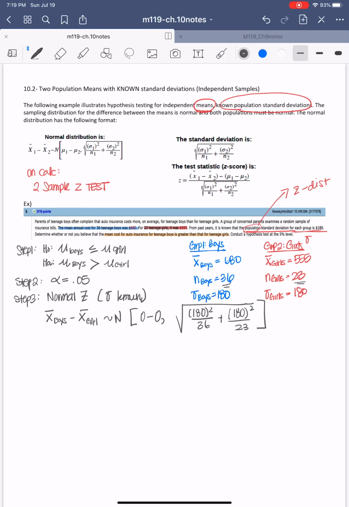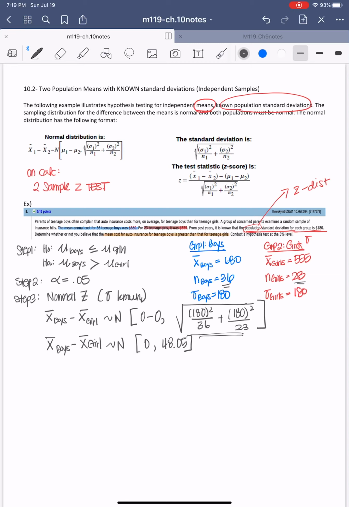Okay, so let's simplify a little bit better. Boys x bar minus girls x bar: normal, 0 take away 0 is 0. Standard normal distribution again has mean 0. And the standard deviation, if you put this on the calculator, as a decimal value I get 48.05.